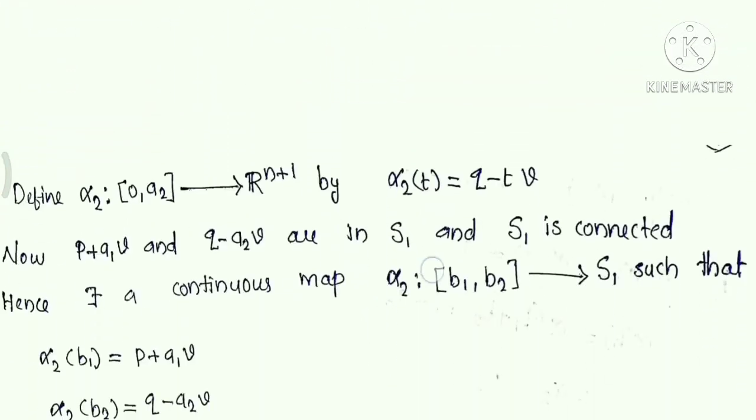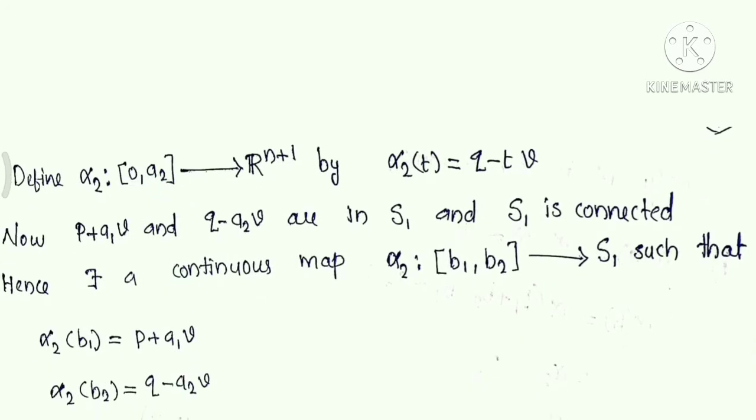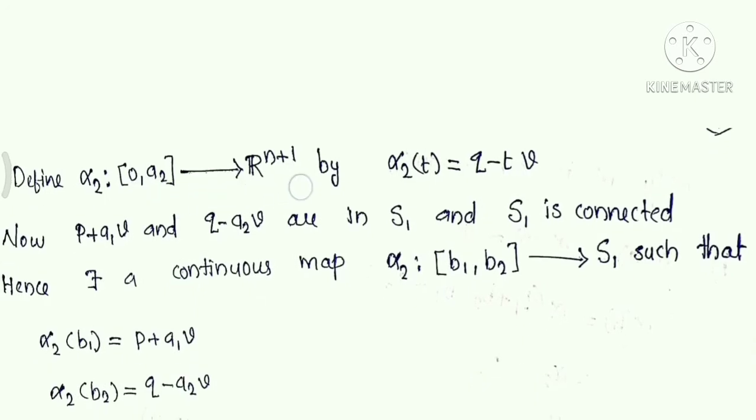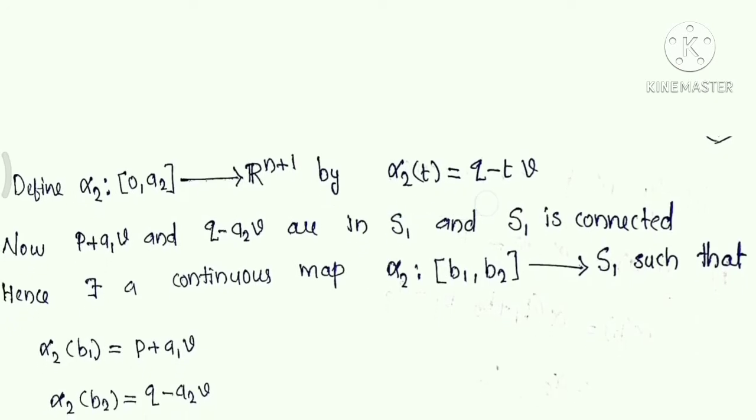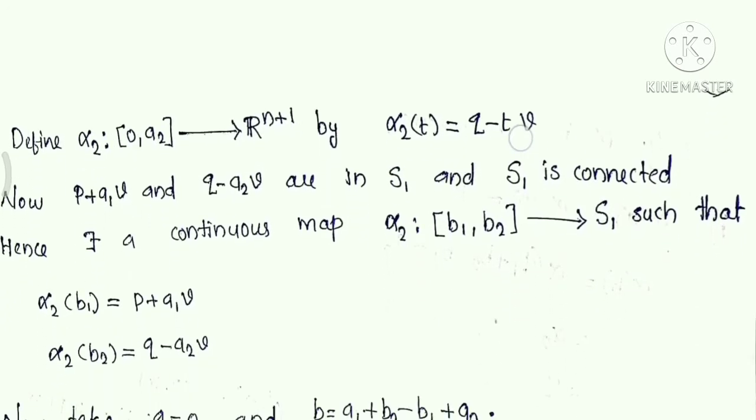Now define alpha 2 from 0, A2 to Rn plus 1 by alpha 2 of T is equal to Q minus TV.